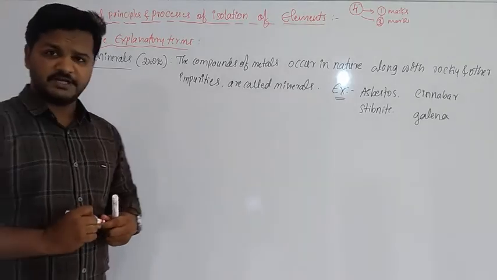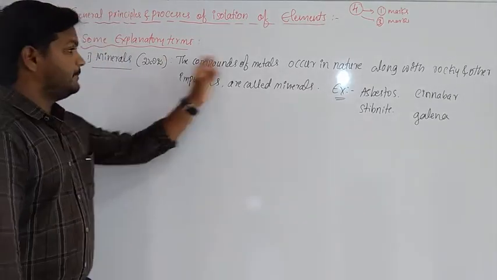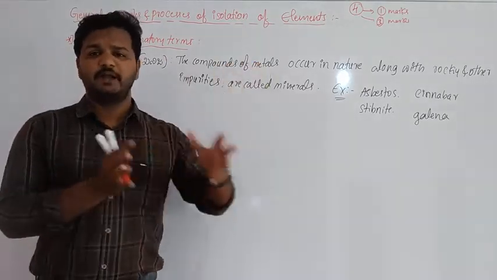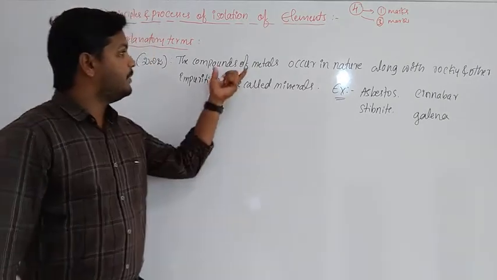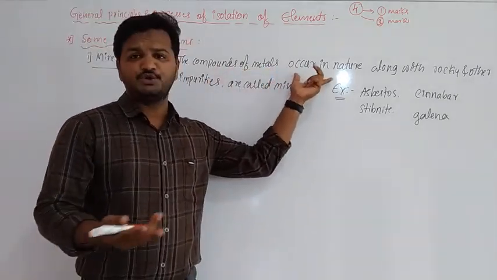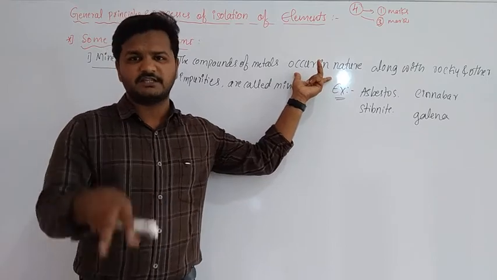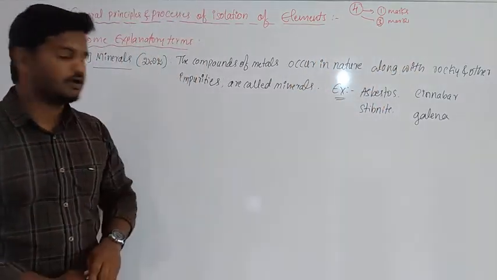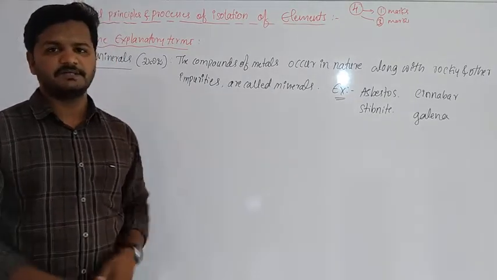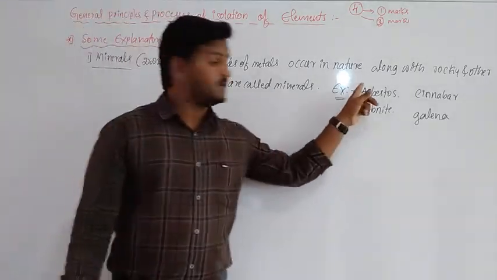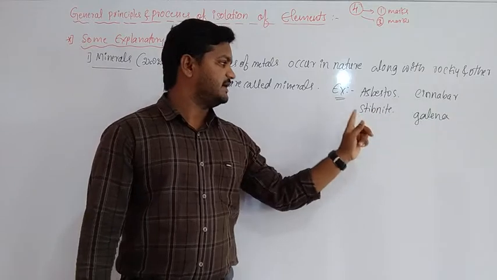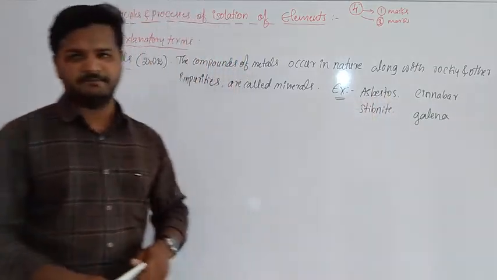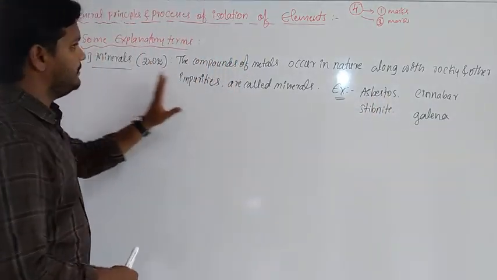Students, minerals mean the compounds of metals, which usually occur in nature, meaning the earth crust, along with rocky and other impurities. Examples of minerals are asbestos, cinnabar, stibnite and galena. So this is about minerals.